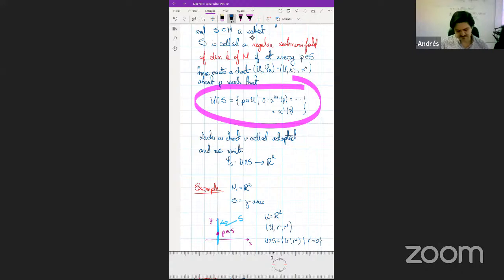Okay, no, I'm sorry, it's the other way around. Sorry, that's a mistake. Oh, no, right. R1 is 0, and R2, whatever. You're moving in the vertical axis. So the standard chart is an adapted chart for this S. Any questions here?